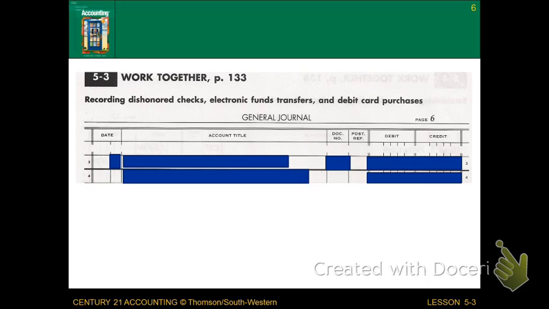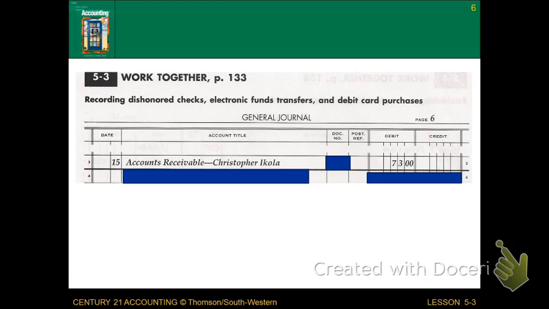The first thing we include is the date, March 15th. We have to increase Christopher Icola's accounts receivable account because now he's back in debt with us until he gives us a good check. To increase accounts receivable, we debit that account by the full amount of $73, which includes the fee and the check.